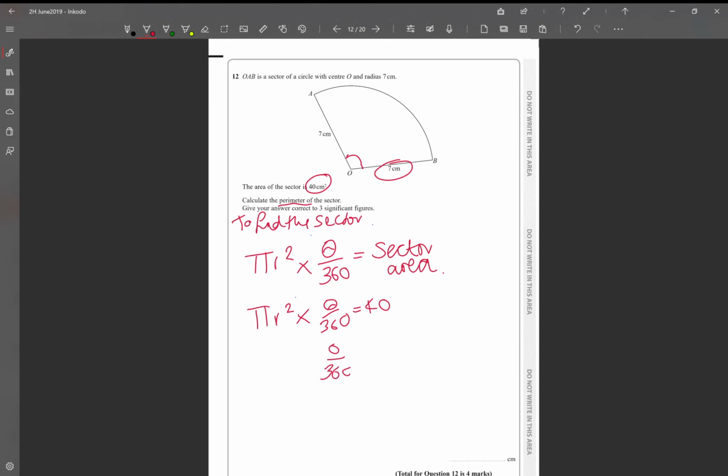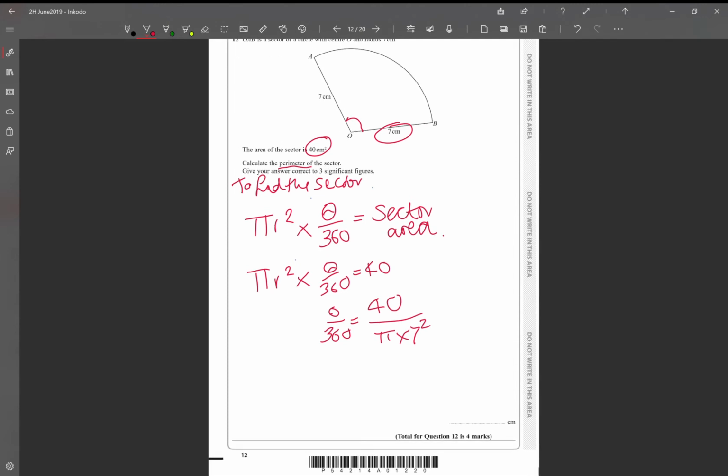Because pi r squared times theta over 360 is all multiplication, you can take it over in full. Put the radius in now. The radius is 7 squared, and then to find theta, to find that angle, it would be 40, and you're timesing the bottom, you're timesing that division.